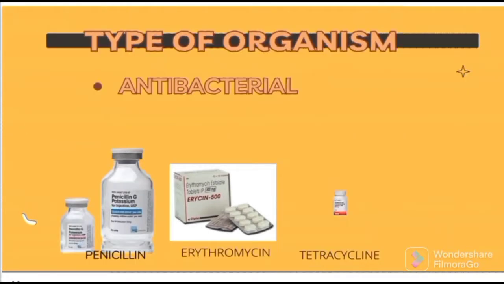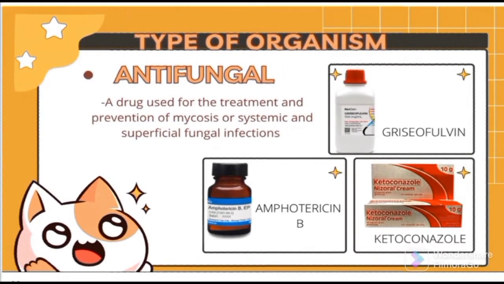Next is antifungal. Antifungal is an antimycotic drug, a class of drugs used for the treatment and prevention of mycosis or systemic and superficial fungal infections such as histoplasmosis and blastomycosis. Some examples of antifungal agents are griseofulvin, amphotericin B, and ketoconazole.